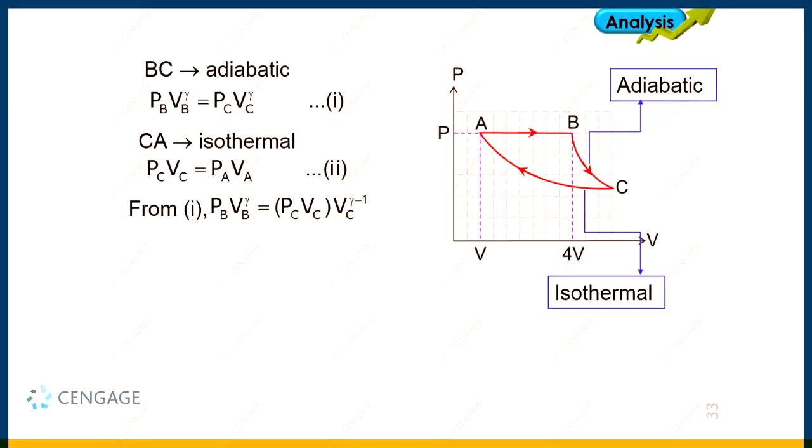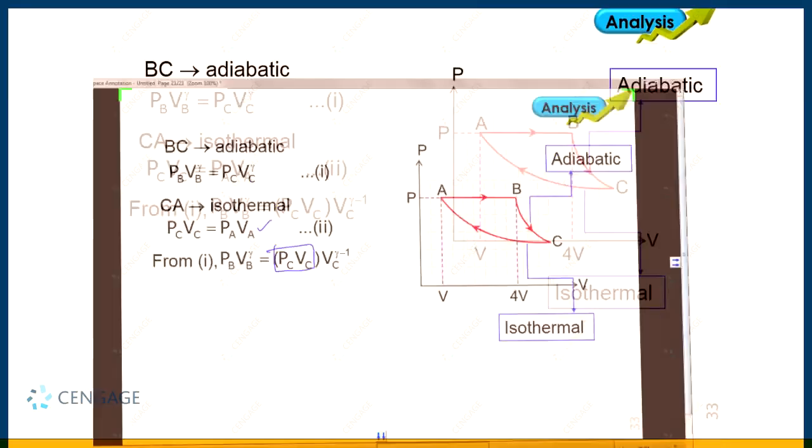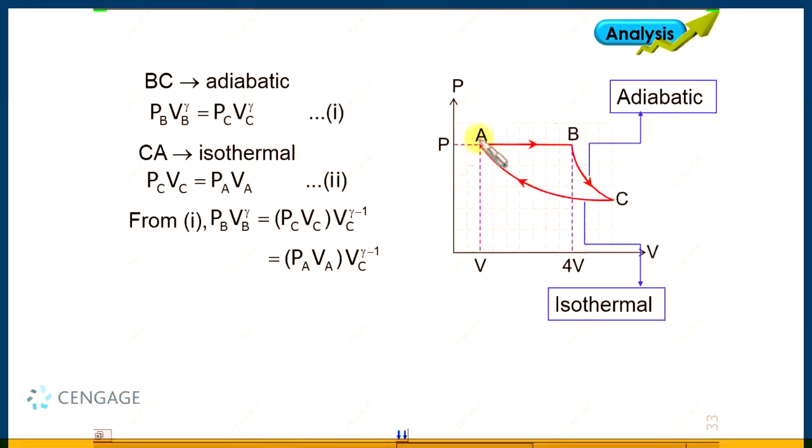Okay, but you can observe here this PCVC value, PCVC equal to PAVA. That means, in place of PCVC we can write PAVA, right, and here you know the pressure at position A and pressure at position B is same. That means, this and this value will get cancelled. That means, we can find the unknown value, that is the VC value, from this equation.